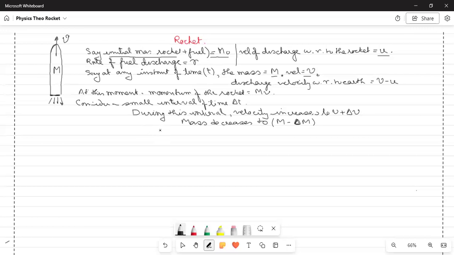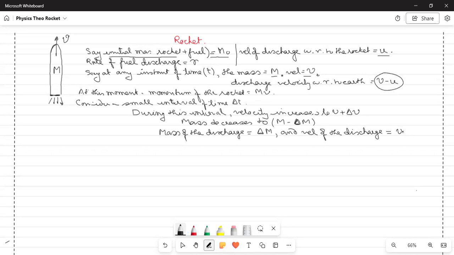So the mass of the discharge is del m, and the velocity of the discharge is, as already given, v minus u. The initial momentum is mv.